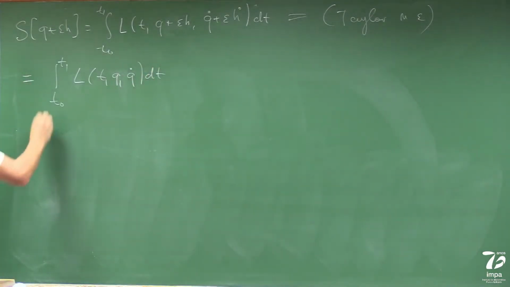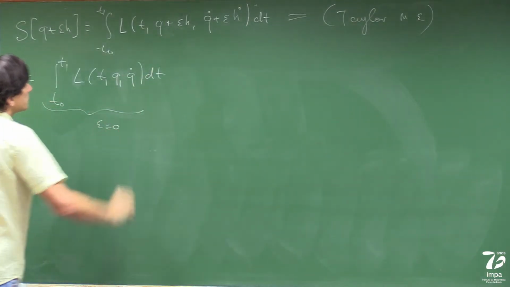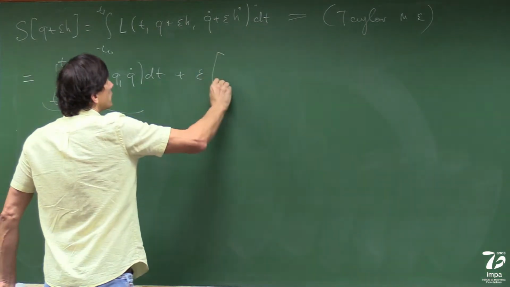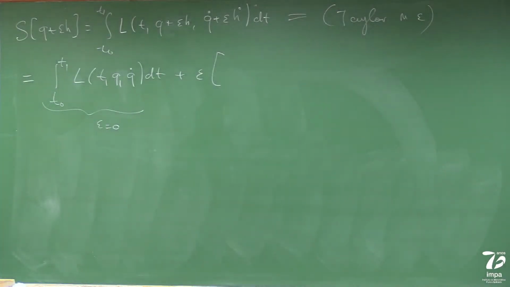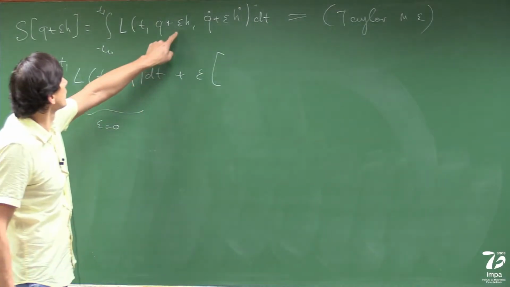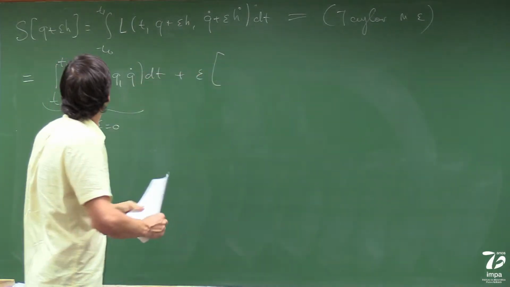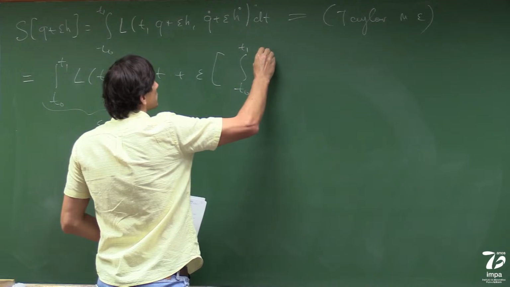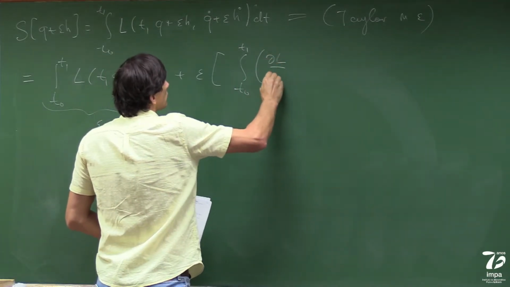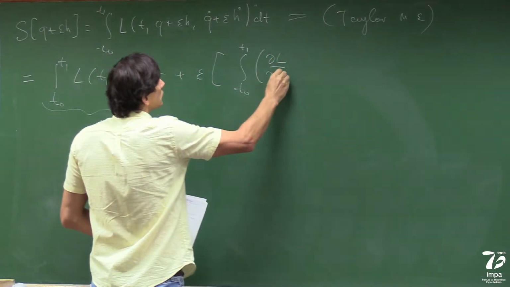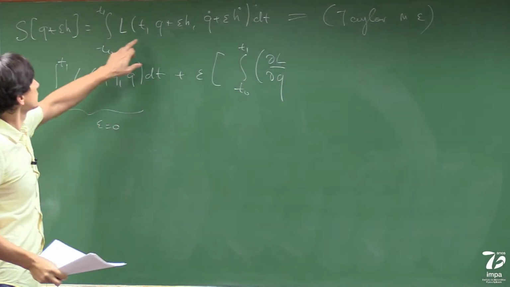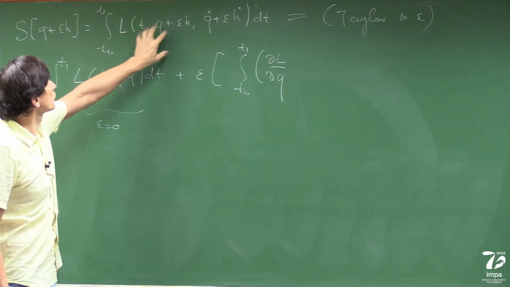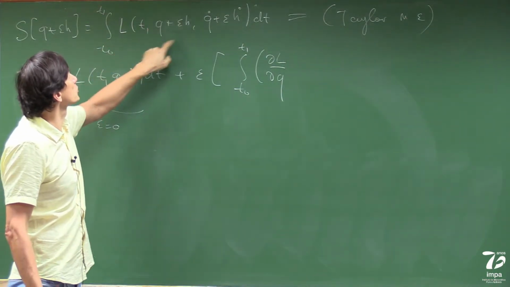So this is epsilon 0. And then plus epsilon multiplied by the derivative of this function at epsilon 0. And derivative is epsilon is here and epsilon is there. So derivative takes the form dL/dq h, and so it's a chain rule, right? So you take derivative of L with respect to this component and this component with respect to epsilon.